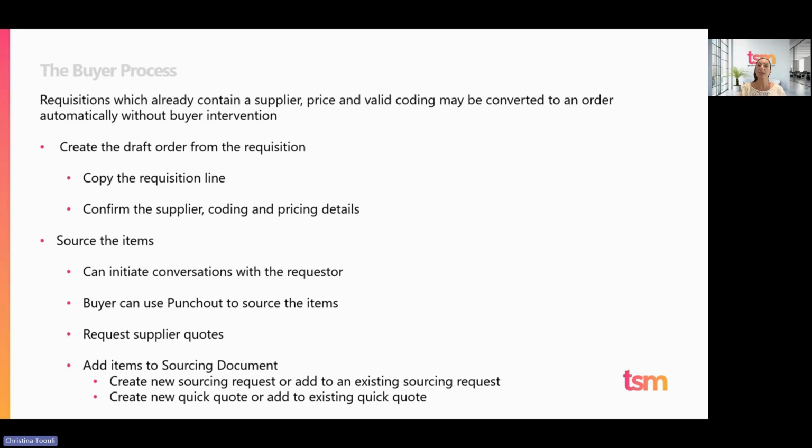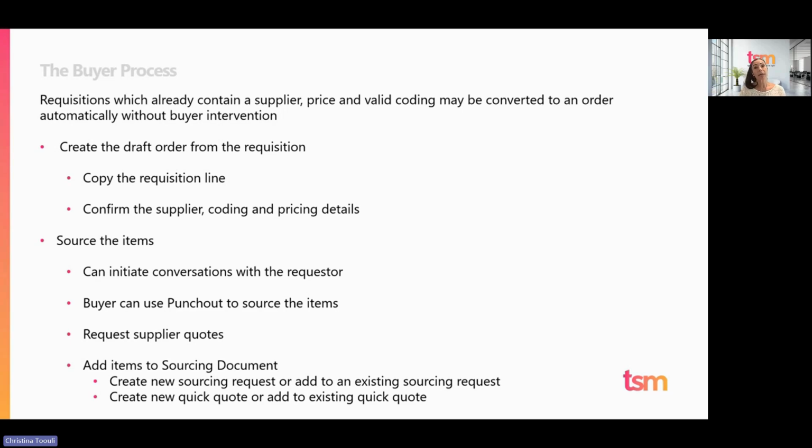So they can copy what the requester has put on and create the draft order line off the back of the requisition line, and they can apply the coding, they can check and provide the supplier details, and then they can submit that, and it can sit in a consolidation stack waiting to be converted. So the buyer can go through and select all the lines, copy the lines, and then hold them in a holding area.